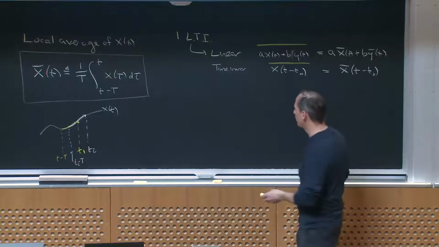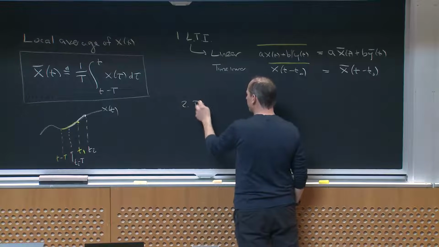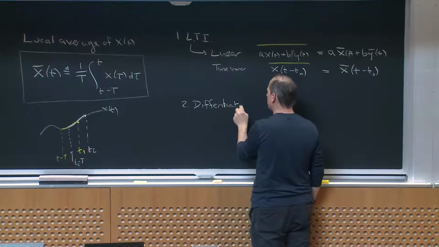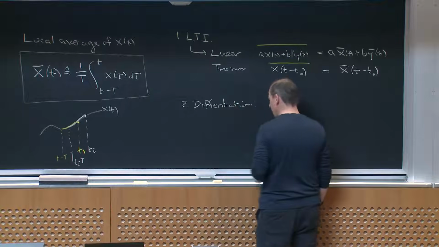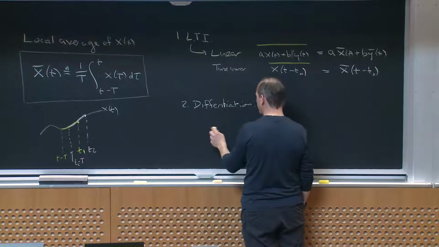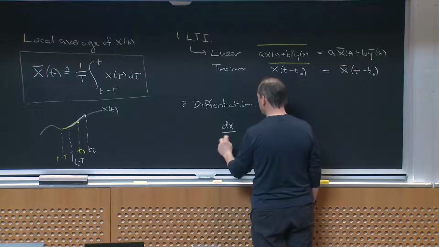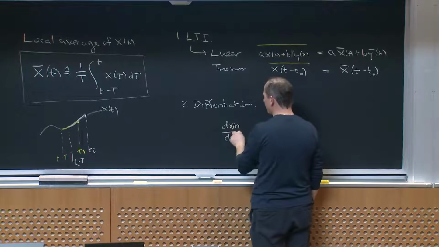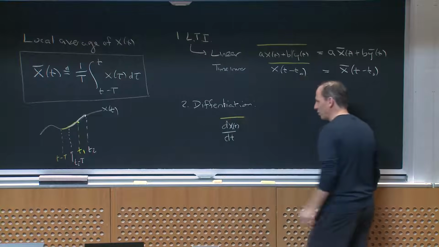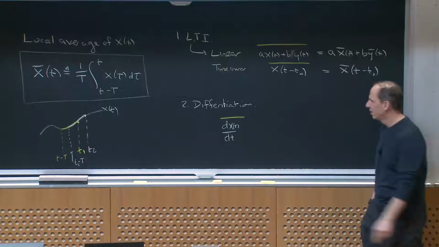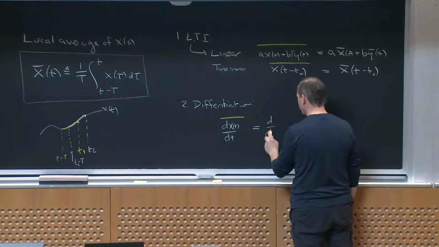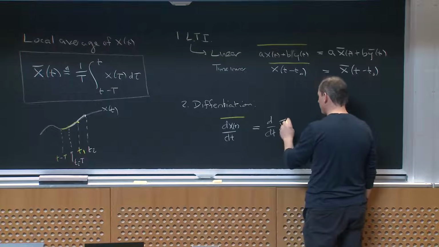The first, a very useful property, is the differentiation property. And this is one of the reasons why we picked this particular filter. If I took some time varying signal, dx dt, and looked at its derivative, and I said, give me the local average of the derivative of this signal, it's pretty easy to show that this is the same as the derivative of x bar of t.